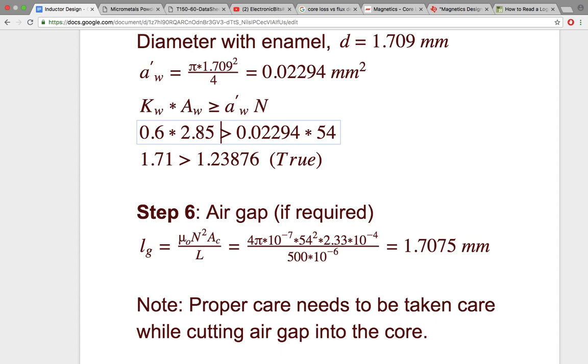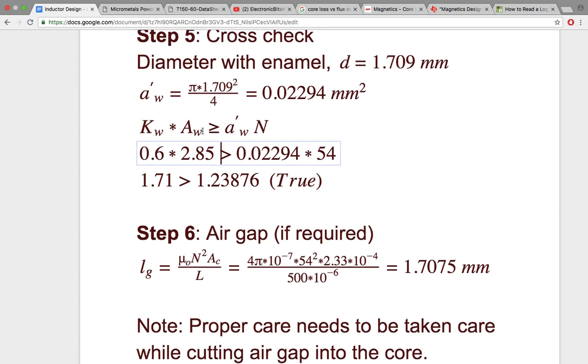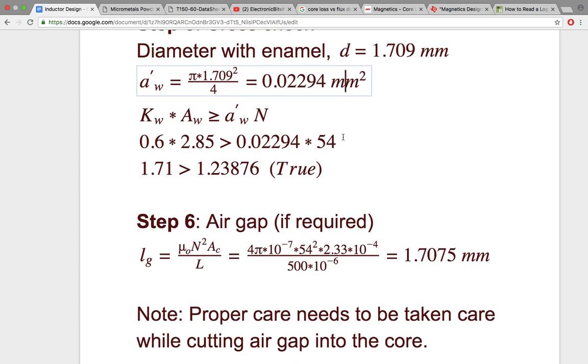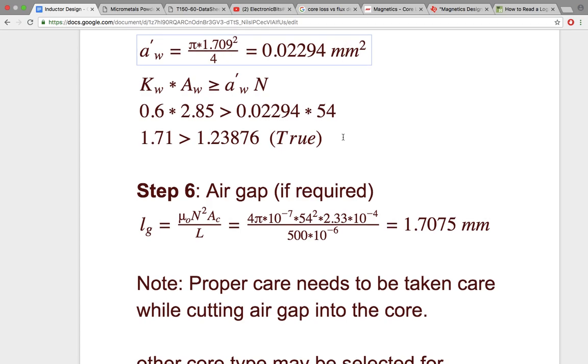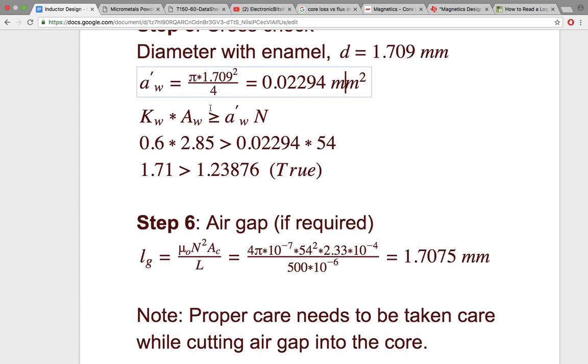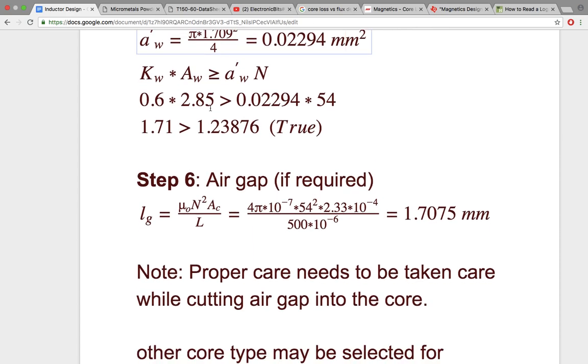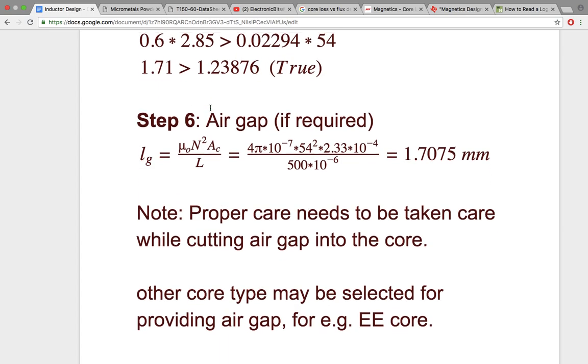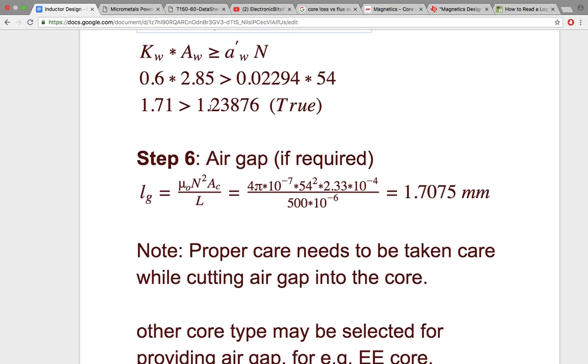So these units are all in the same dimension, and hence basically this area product is being followed, and you can say that these things are going to work. So the windings can be placed into the core. You can cross verify those numbers and you will find that they will definitely match.